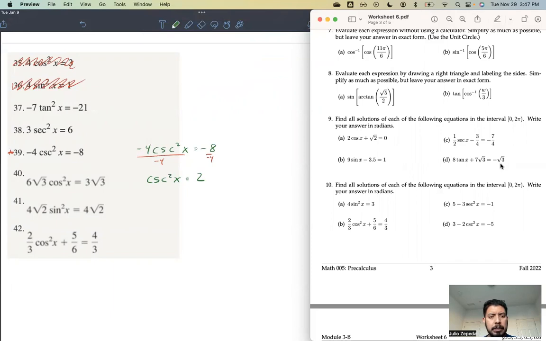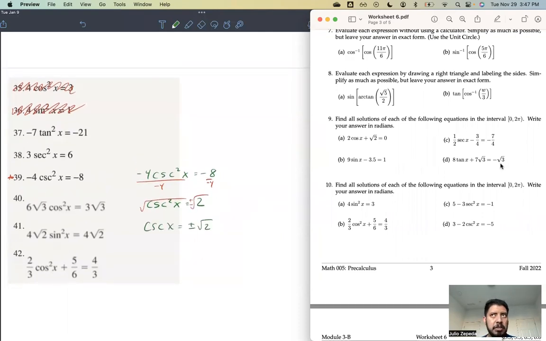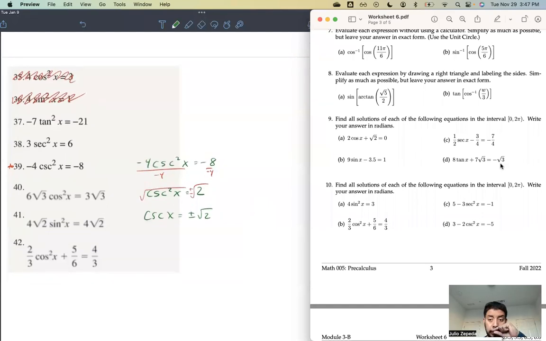One way that we could do this is by taking the square root of both sides. Let's take the square root. And so that gives us a plus or a minus. And so we get cosecant x equals plus or minus the square root of 2. We want every solution in the interval from 0 to 2 pi.